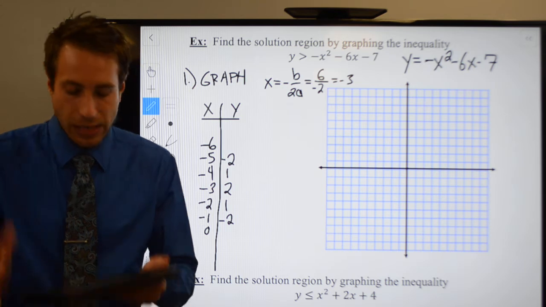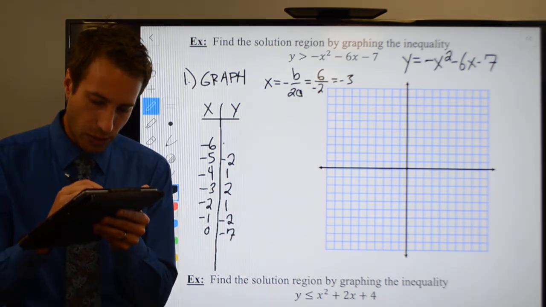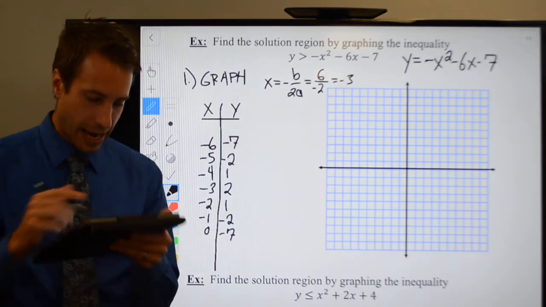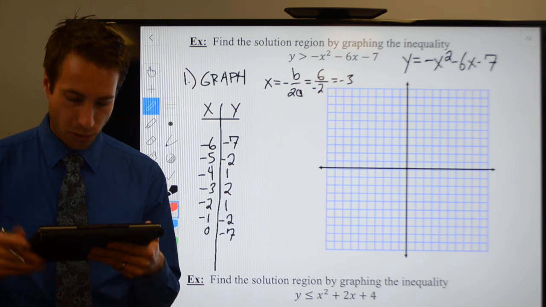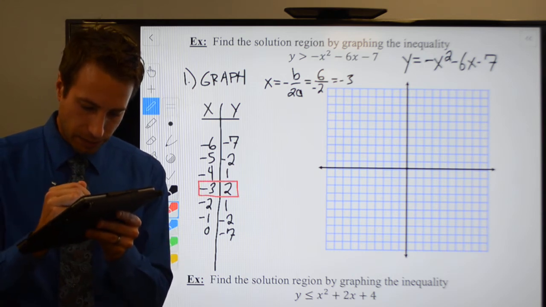If I plug in a 0, I wind up with a negative 7, which means negative 6 would also be a negative 7. And that should be enough points to go ahead and graph my parabola. This is my vertex.